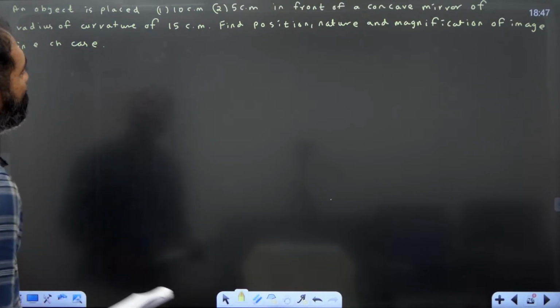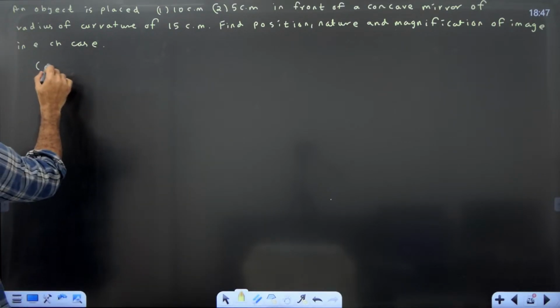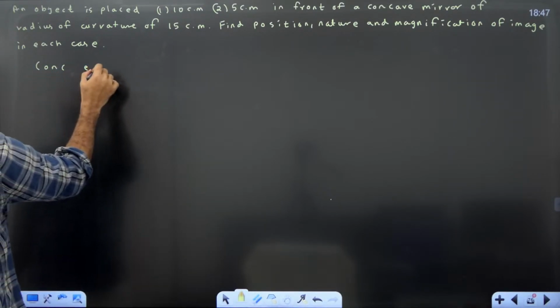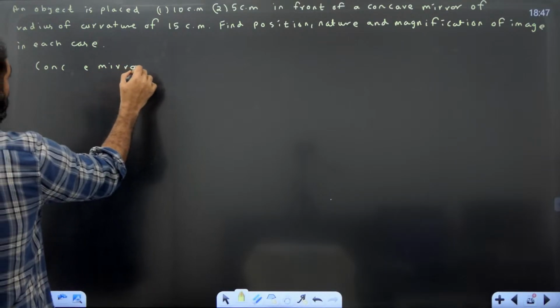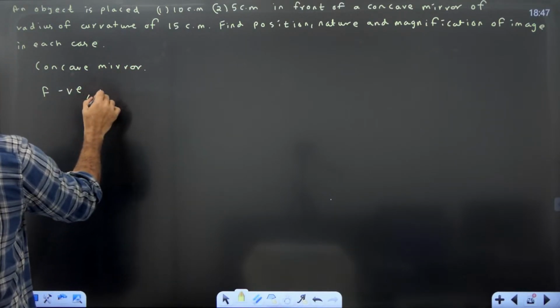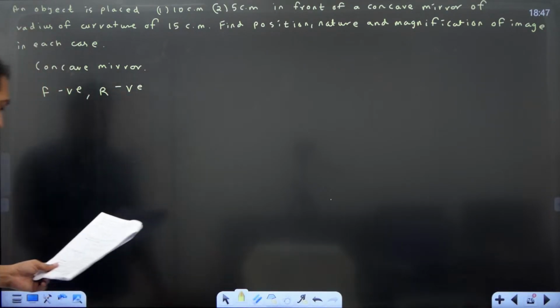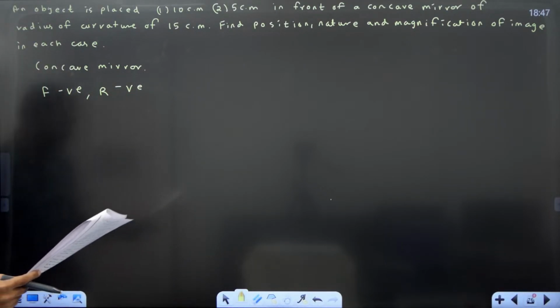Object is placed at 10 centimeter and two different cases are given. It is a concave mirror. Concave mirror means focal length and radius of curvature will both be negative.